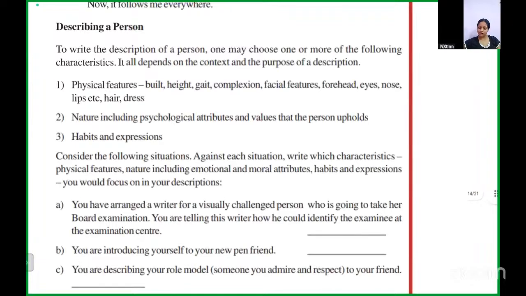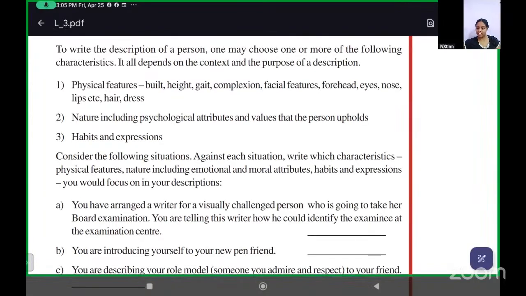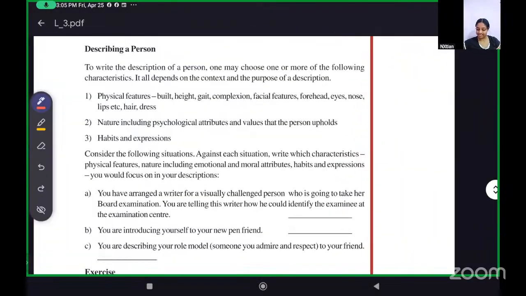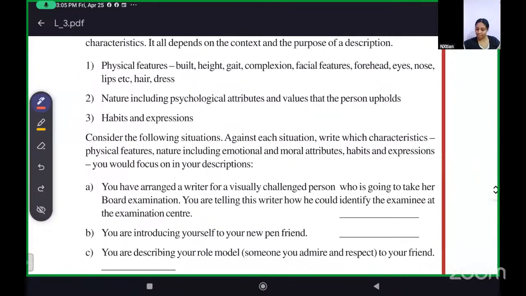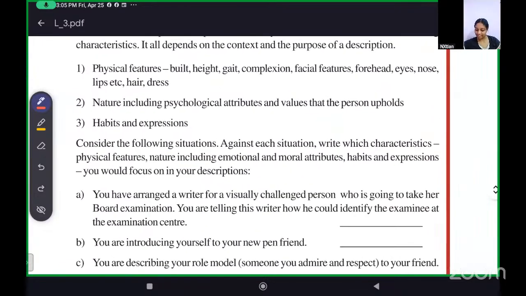You have arranged a writer for a visually challenged person who is going to take her board examination. You are telling this writer how he could identify the examinee at the examination center. So you can do this activity right now.